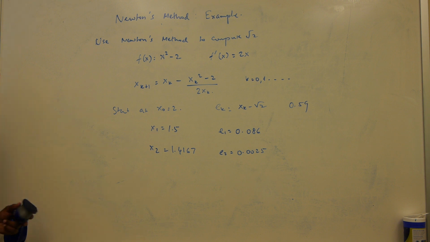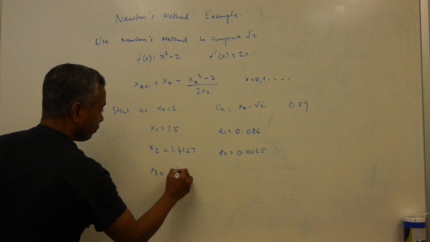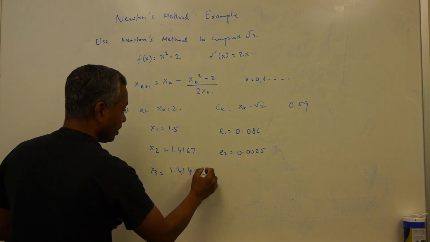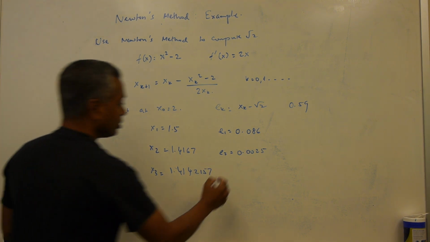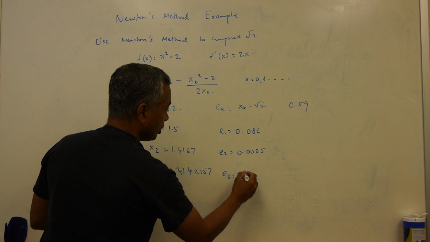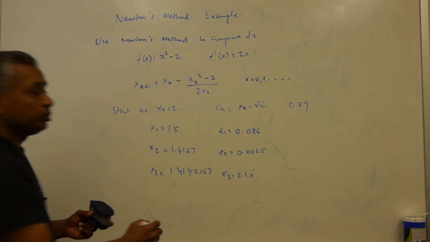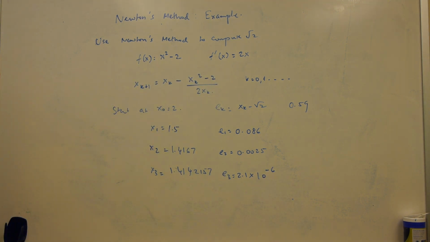Okay, x3 is 1.414157. Okay, E3 is 2.1 times 10 to the power of minus 6. Okay.